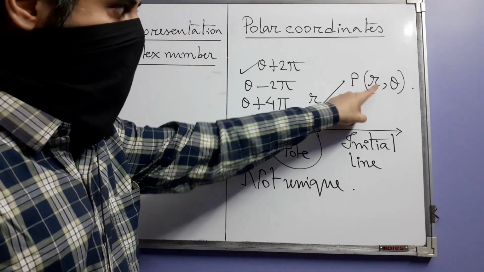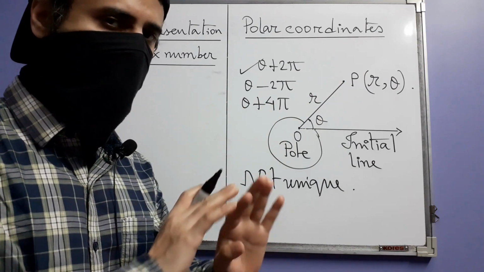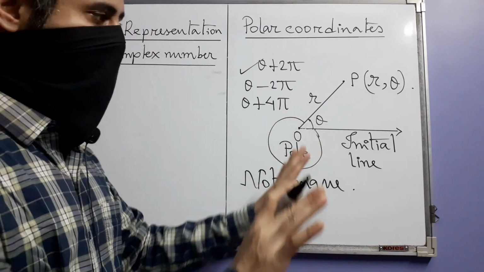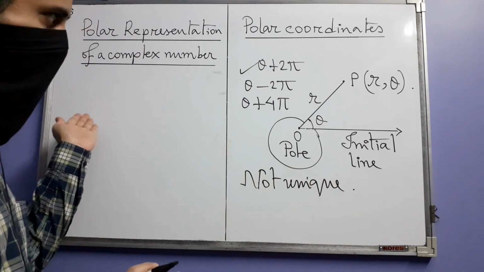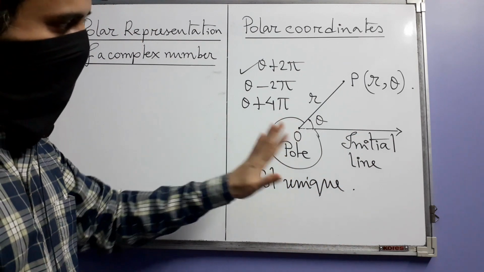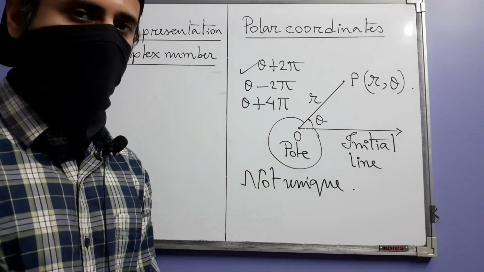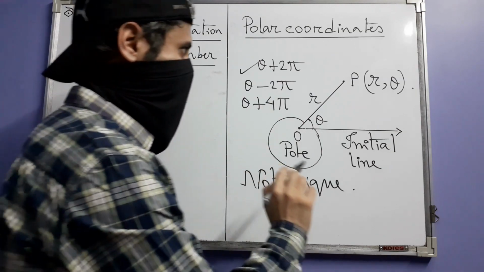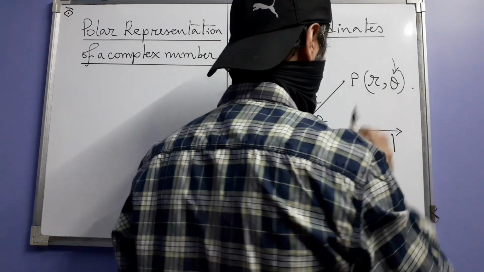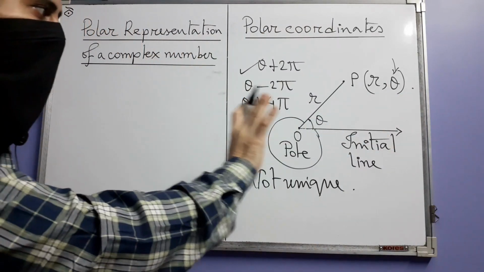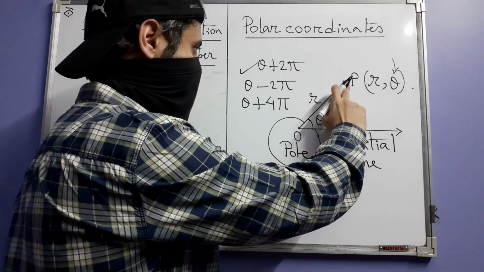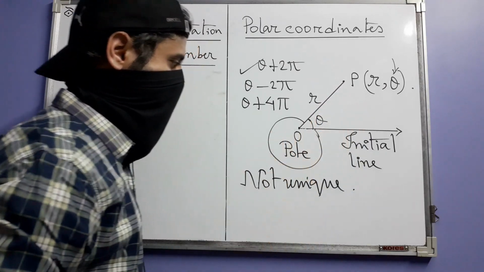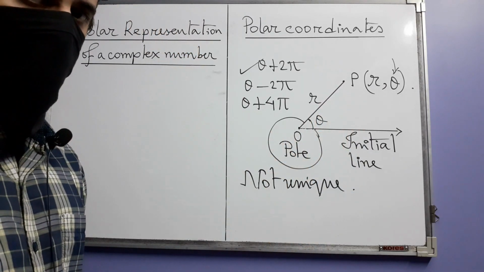Actually, you can choose r to be negative also, but because we are not going to need such complexities from the polar coordinate system in our application here, we consider r to be positive only. Okay, so this is one problem that you have with theta. r, however, is going to be just one thing, which is just the distance of P from the pole. Alright.